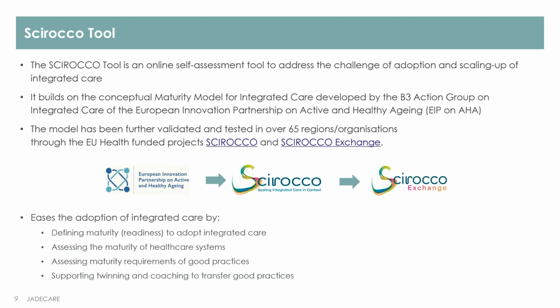The model has been further validated and tested in over 65 regions or organizations through the Scirocco and Scirocco Exchange project. The tool that we will use is the one we developed in the Scirocco project.